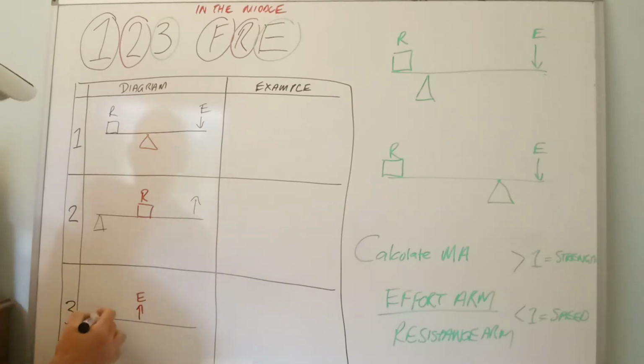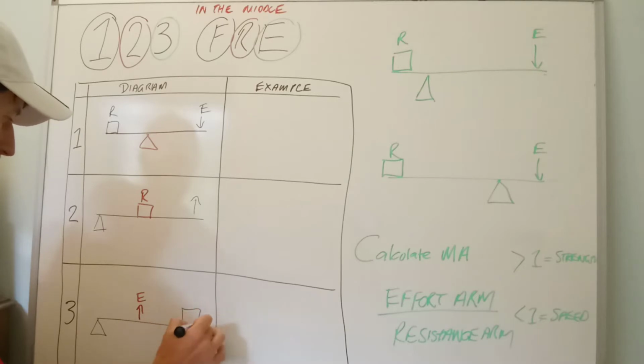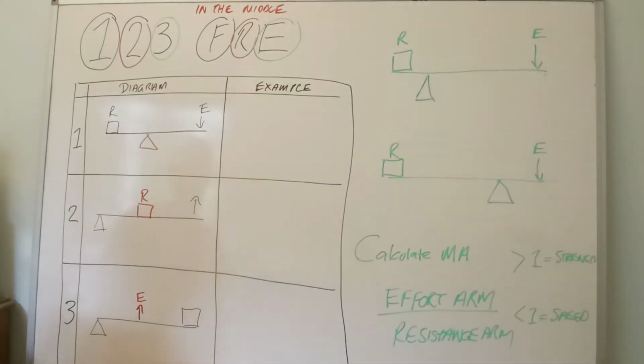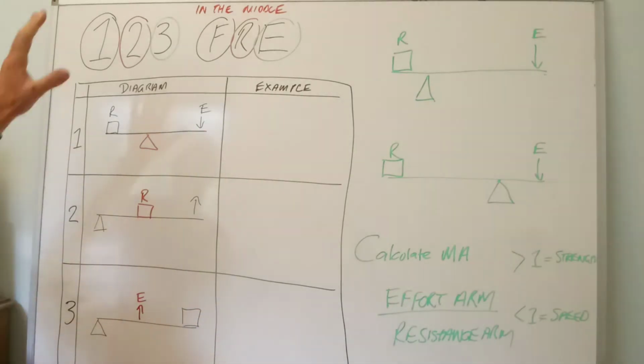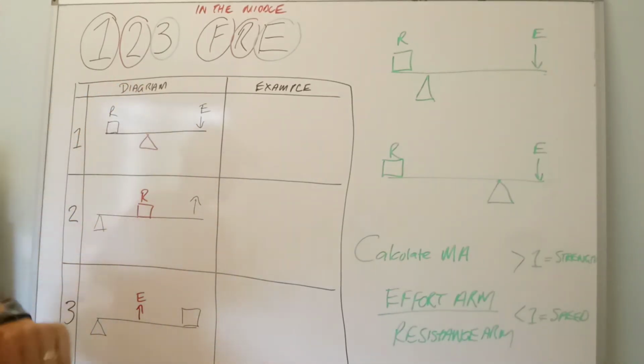And here, let's say the fulcrum will be on this side, and the resistance on this side. So all you have to remember is which one is in the middle. If you get which one is in the middle, then it doesn't matter which side you put the other ones.